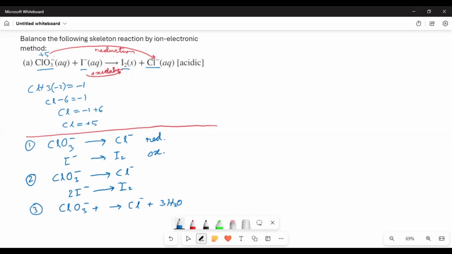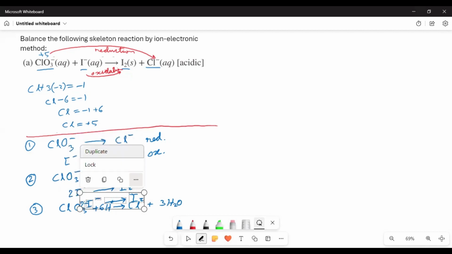There was no hydrogen here, so 3 twos are 6 hydrogen ions, because the equation is in acidic medium. In this way, you have balanced the oxygen and hydrogen easily. There is no effect on the equation of the iodide. It remains the same, so we can write it as it is.